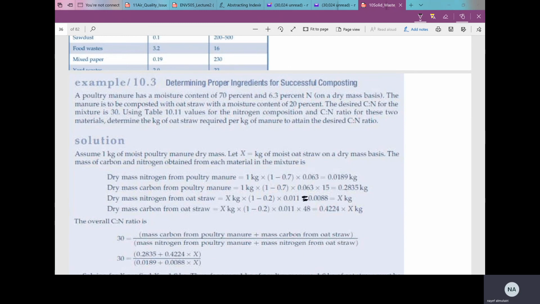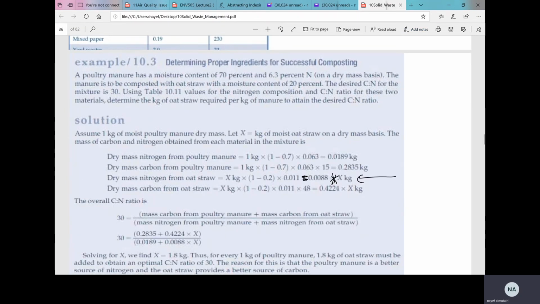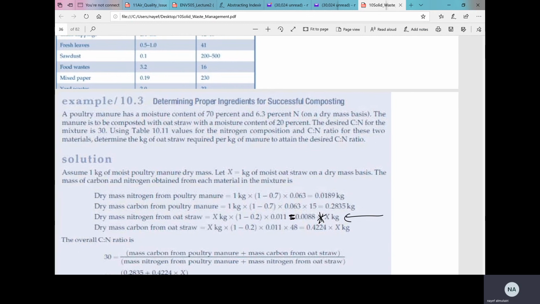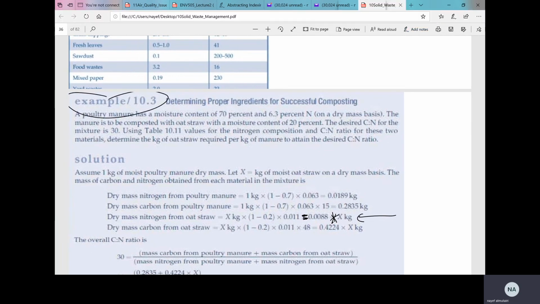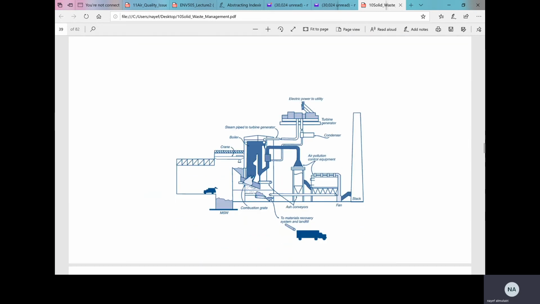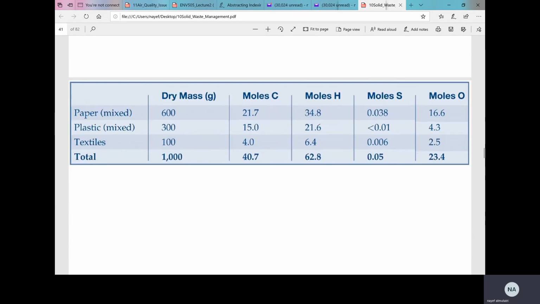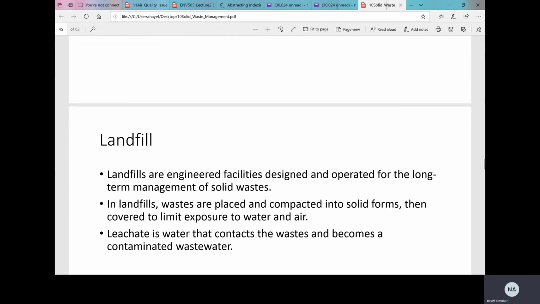This is 0.08 times X. This is a typing error from the book. It's not my error, it's the book's error. So again, this is very important. Okay, I think we are done with this chapter and we'll go to chapter 11.